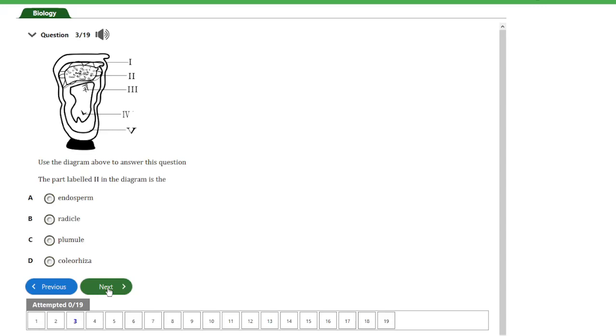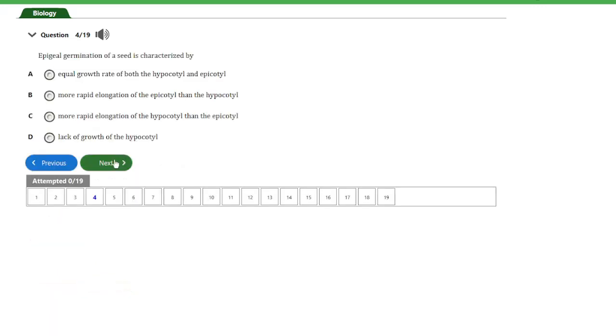This part labeled II is the endosperm, and in case you would like to know, the endosperm is a nutrient-rich tissue that surrounds the embryo and nourishes it in the seeds of many flowering plants. So it is actually formed from the fusion of the male and female gametes. So let's look at the next question, and that's question number 4.